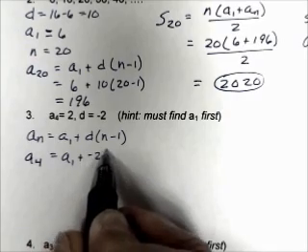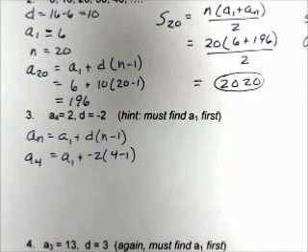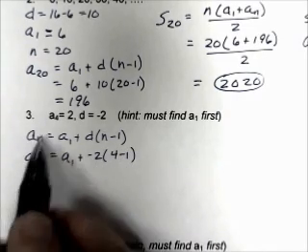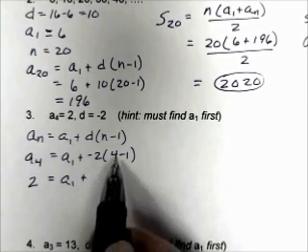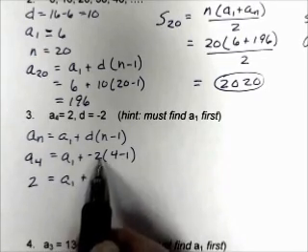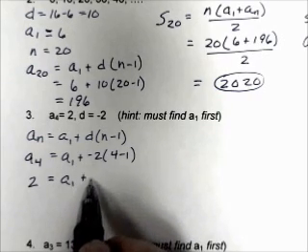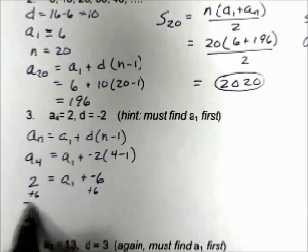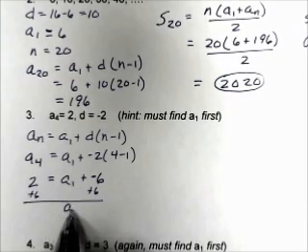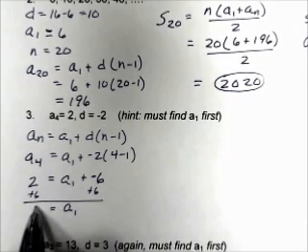Replacing d with negative 2. Our fourth term is 2. So 2 equals a1 plus 4 minus 1, which is 3, times negative 2 is negative 6. Now add 6 to both sides. And the first term, a1, is 8.